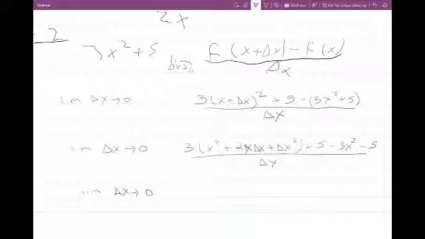Now I can start canceling things out. First, you have to distribute the 3 through all of those. So it'd be 3x squared plus 6x delta x plus 3 delta x squared plus 5, take away 3x squared, take away 5, all over delta x.